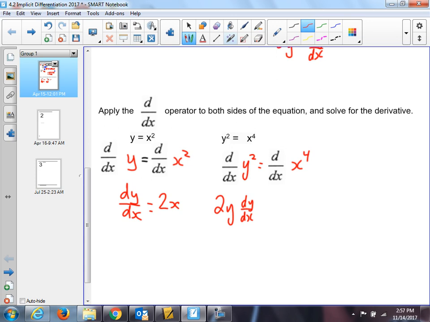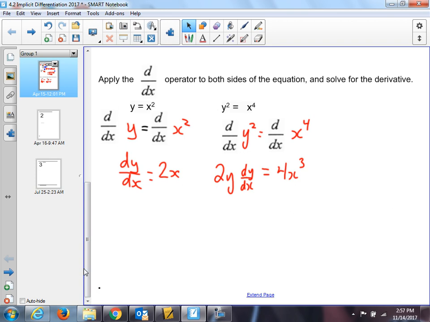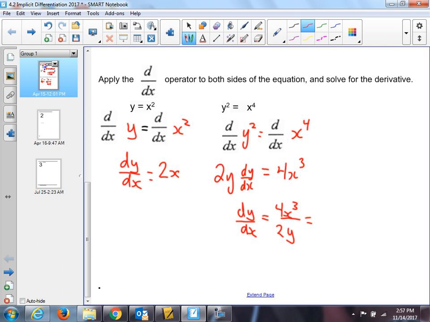So when they don't match, 2y. Now I can solve for dy by dx just by dividing, right? dy by dx equals 4. I'm going to do it multi-step here. I think you can do it in one step, which equals 2.